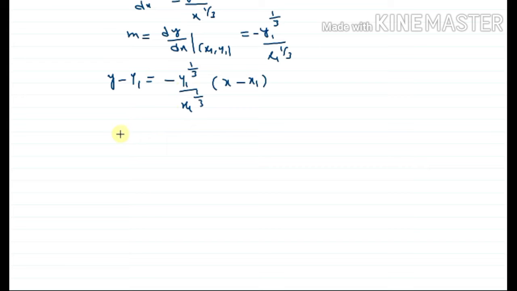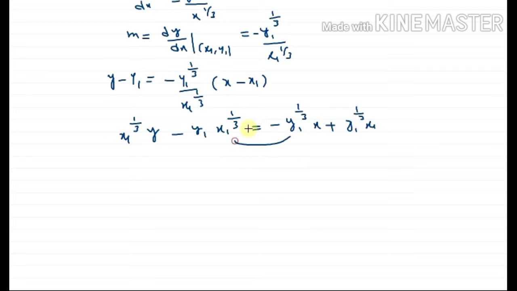On cross multiplication you will get x1 to the power of 1 by 3 into y minus y1 x1 to the power of 1 by 3 is equal to, bring this term within the bracket. From that I will get minus y1 to the power of 1 by 3 into x plus y1 to the power of 1 by 3 into x1.